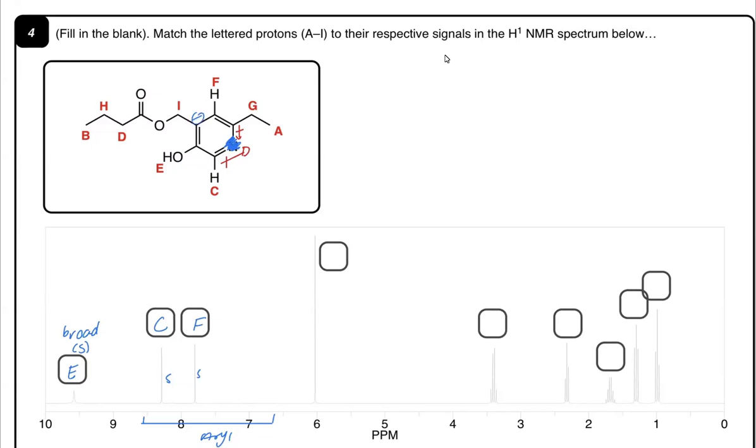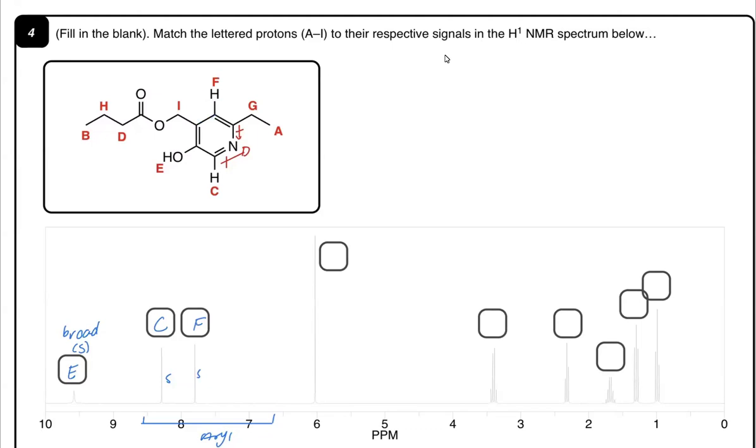And that would put negativity at the ortho and the para positions. So again, assuming that the nitrogen isn't there, notice that C receives the negativity, but F does not, and therefore C would be more upfield if the nitrogen wasn't there. But because the nitrogen is there, the nitrogen has an inductive effect from C, which is felt more strongly because it's closer to the nitrogen than F is.